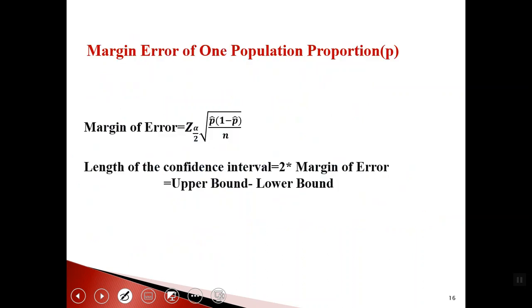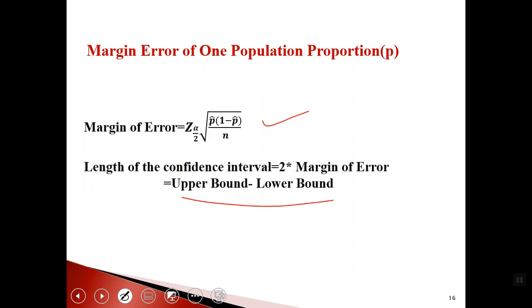Now, the margin of error. Let's say you don't know the margin of error, but you can find it using the upper bound and lower bound.